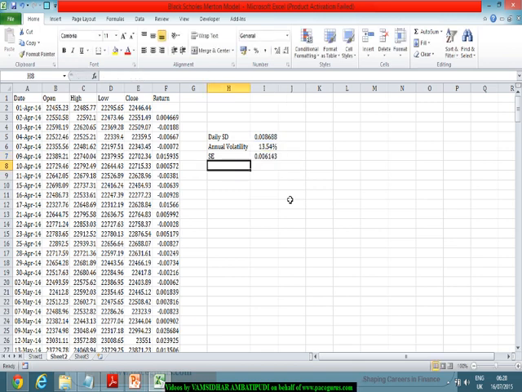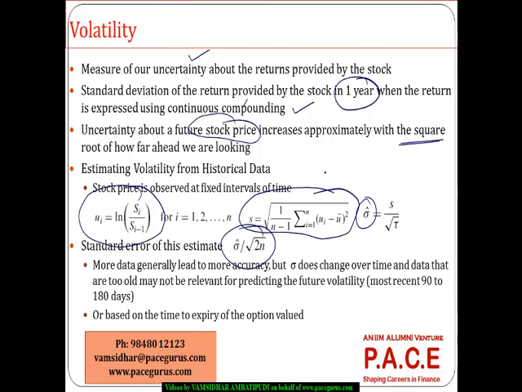So this much standard error does exist in the estimate, which means I can talk about a 95% confidence interval, which can be used as plus or minus in terms of the movement of the volatility over time.